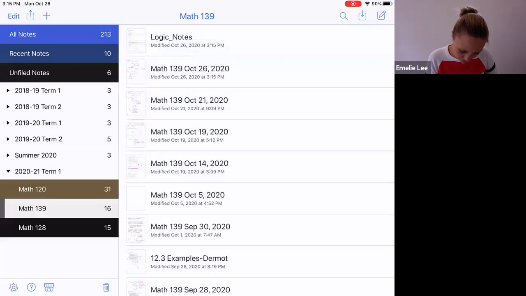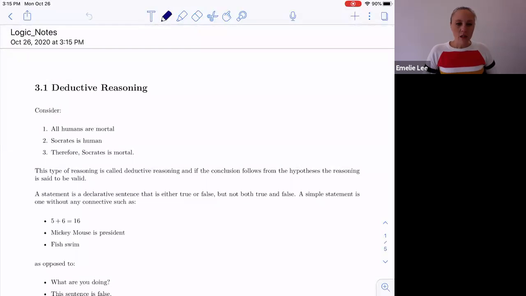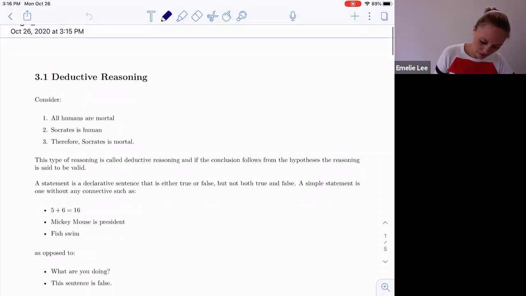Where did that note go? There. Because I just decided to type these things up earlier today, I did not get to 3.3. So we are covering 3.3. So I'll type up those notes and upload a new version of the logic notes with 3.3 added on. So don't worry, it'll all be there, but for today we have enough.